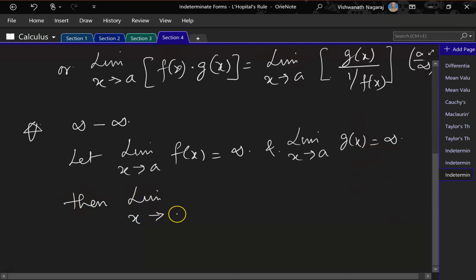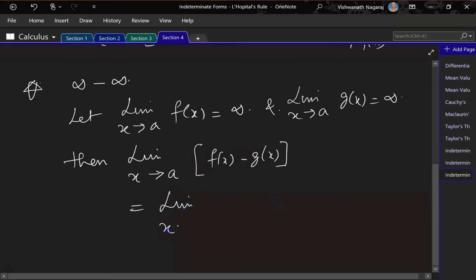So the limit as x approaches a of f of x minus g of x. Now instead of taking f of x directly, we can say f of x times 1. Now what we do is we take f of x down. So we say 1 by f of x minus 1 by g of x.